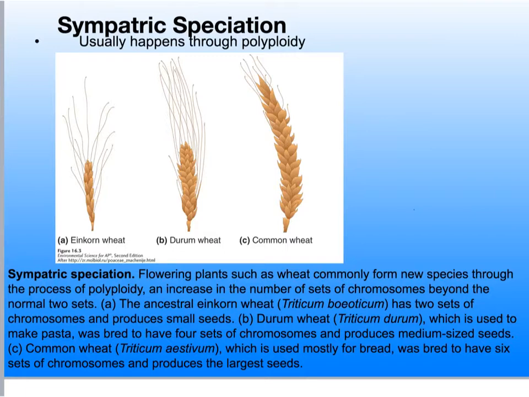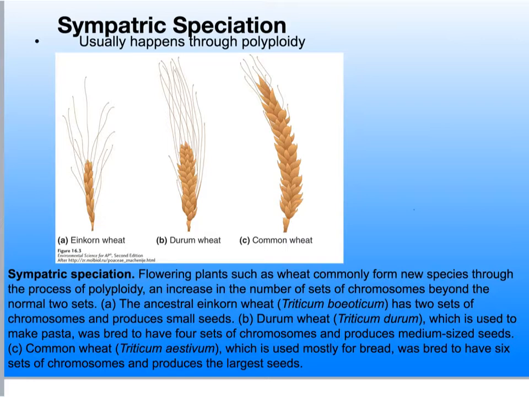sympatric speciation of flowering plants like wheat, they commonly form new species through a process of polyploidy. And so this has increased the number of sets of chromosomes beyond its two normal sets. When you increase the number of sets of chromosomes, you increase its protein synthesis process, it produces more tissue, and in wheat it actually grows larger.